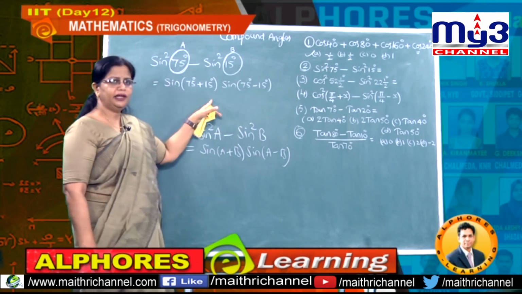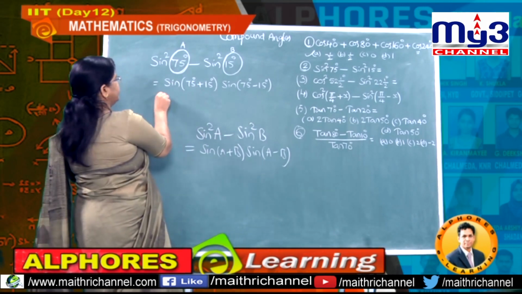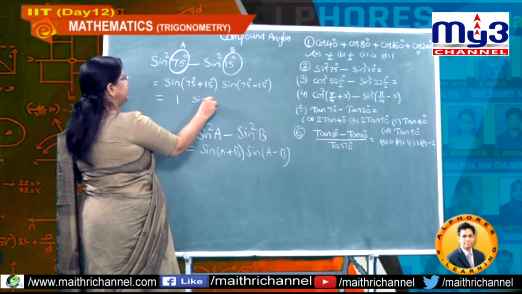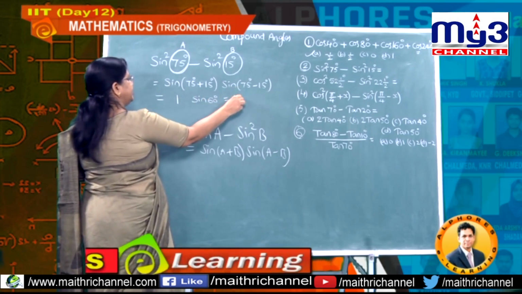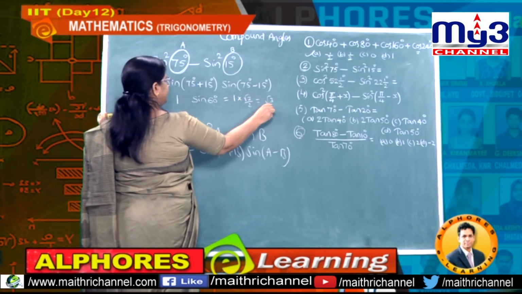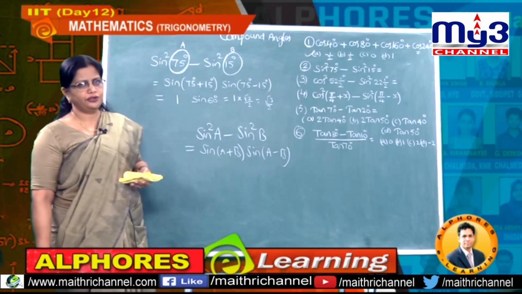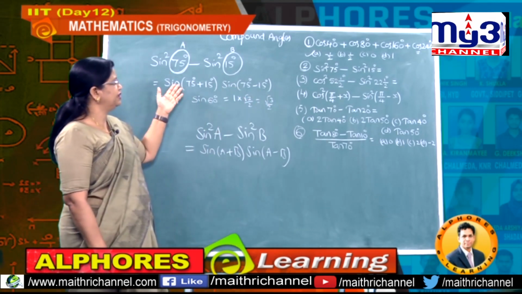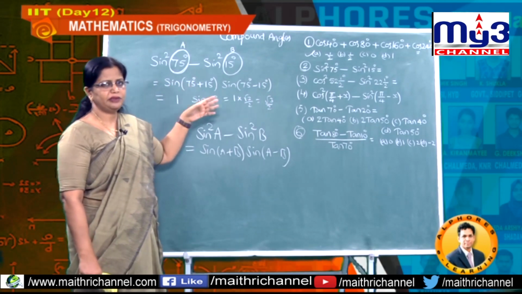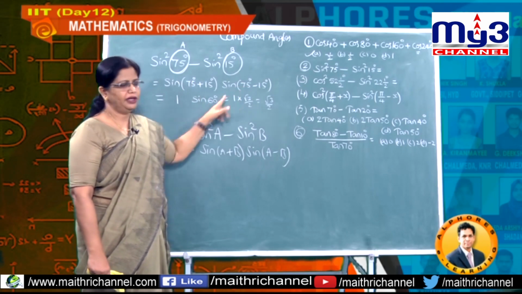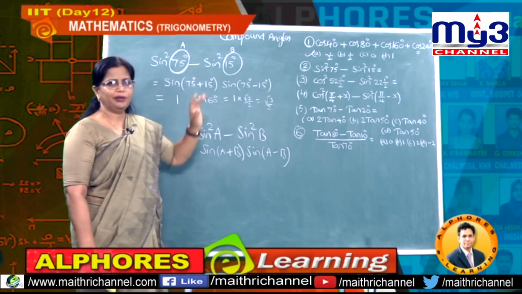And what is sine 90 degrees? It is 1. So this is 1, and into this is what here? Sine 60 degrees. And what is sine 60 degrees? It is root 3 by 2. Therefore finally what is the answer? Root 3 by 2. Understand? So here you can proceed with this method because it is very easy. Sine of A plus B you can write directly, which is sine 90 degrees, and the other value is root 3 by 2.